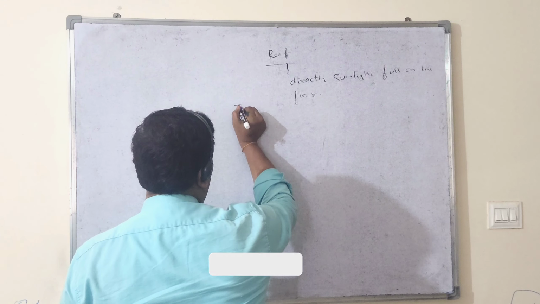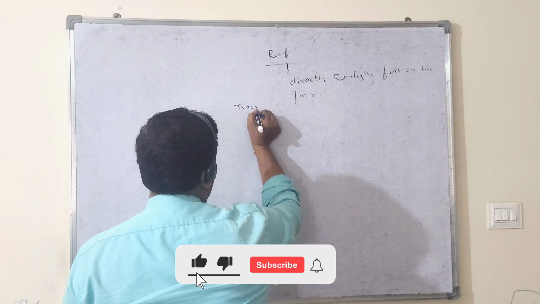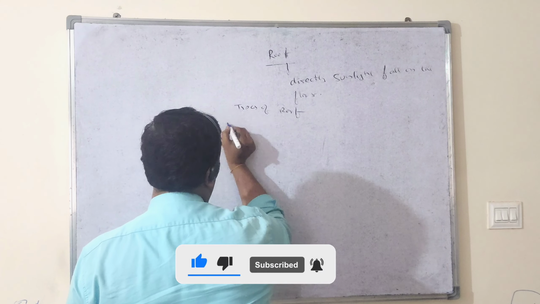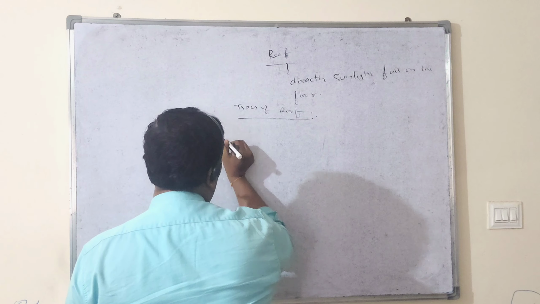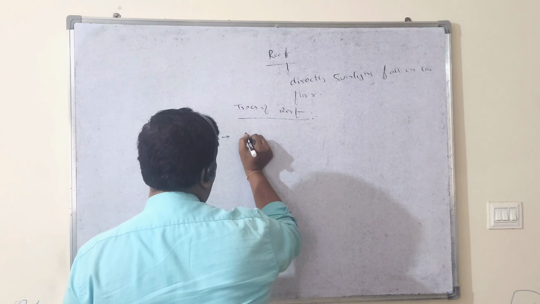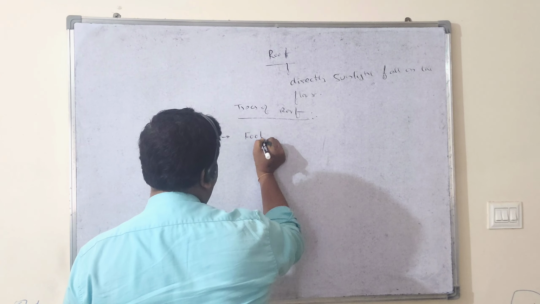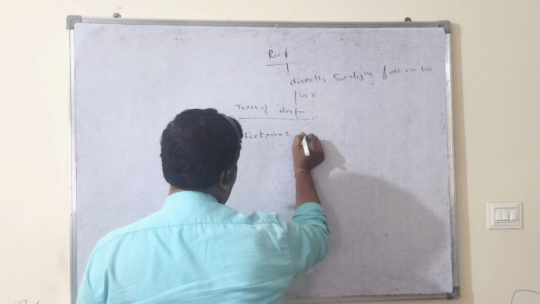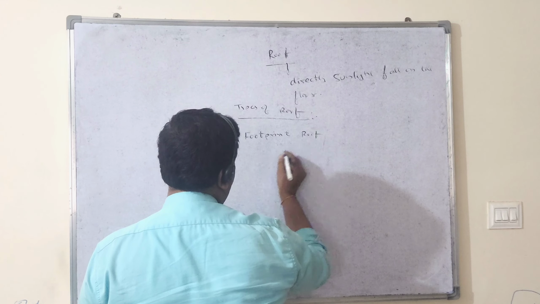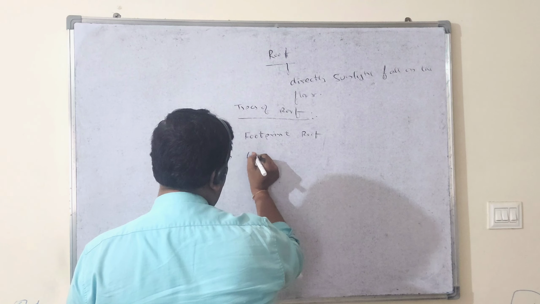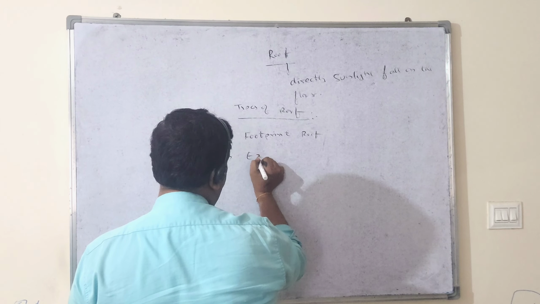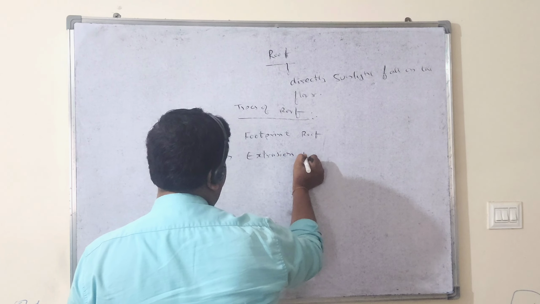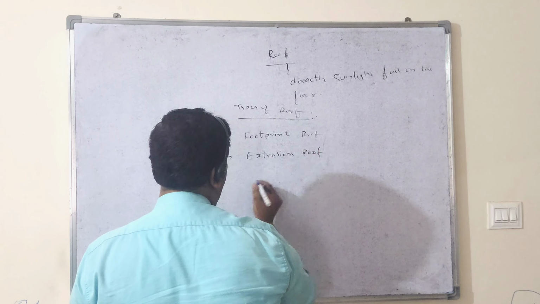And we have types of roofs also here. Types of roof. So if you go here, there is a footprint roof. And one more is the extrusion roof.